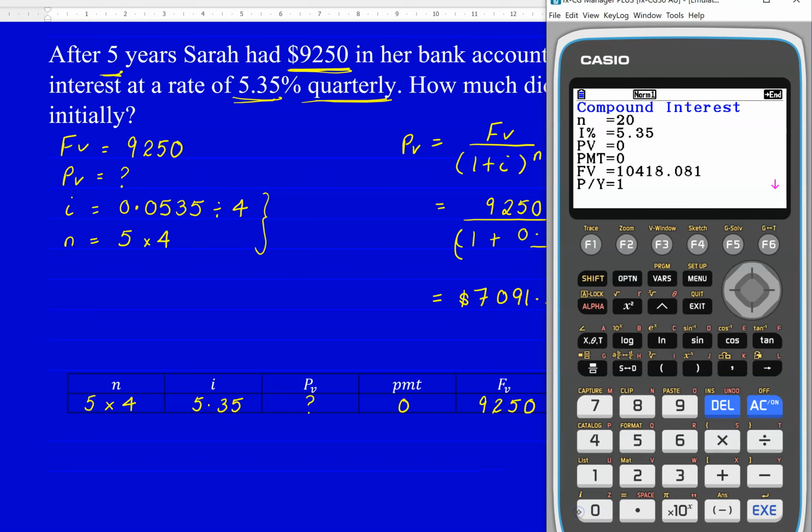Right, that is now 0. Our PMT is still 0, but now 9250. You do not have to make your future value negative. That's only your PV. And it's compounded quarterly, so pop a 4 there, and it changes the CY automatically. We solve for PV, and you can see we get exactly the same answer.